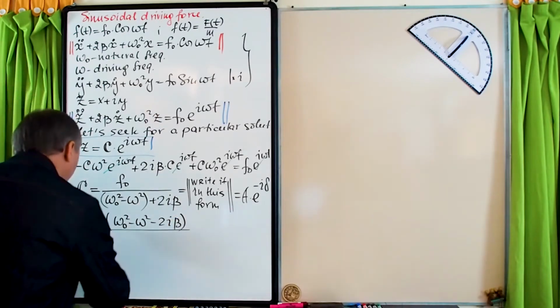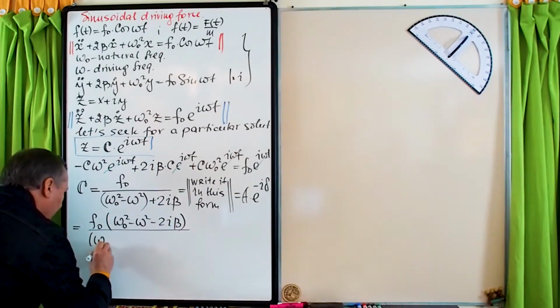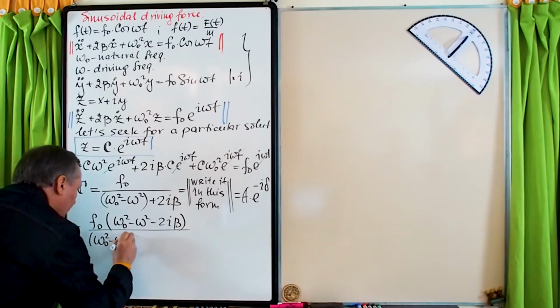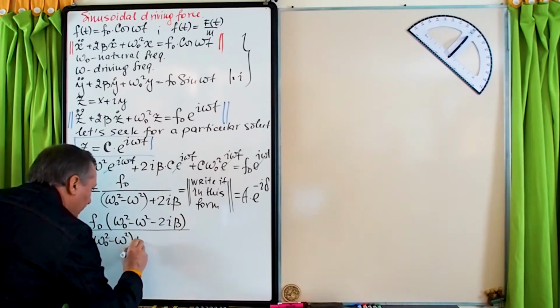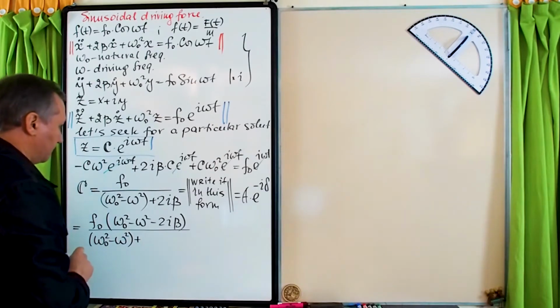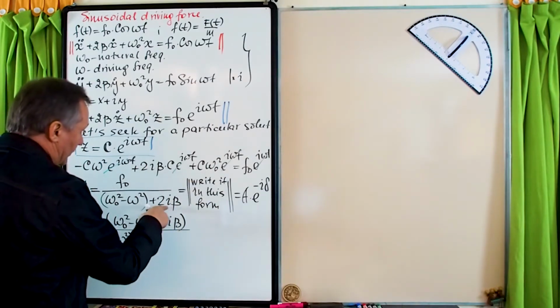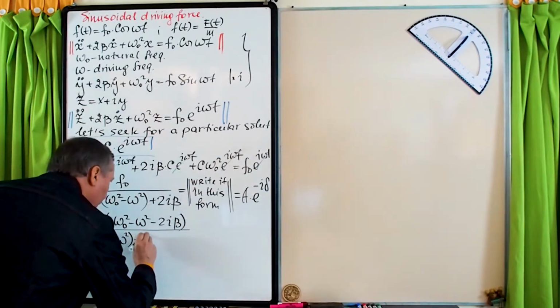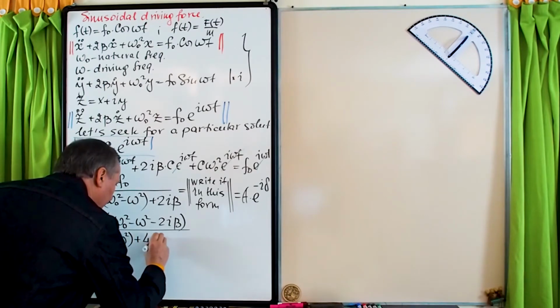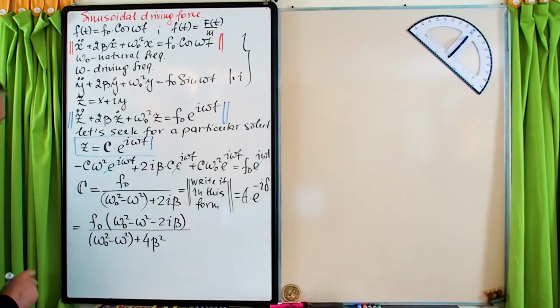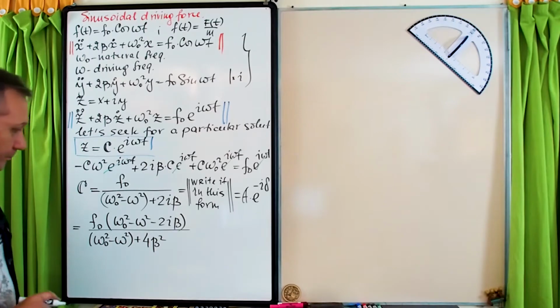So it will be omega naught squared minus omega squared, squared, plus, the minus from the complex conjugate and another minus from here, so it will be 4 beta squared.